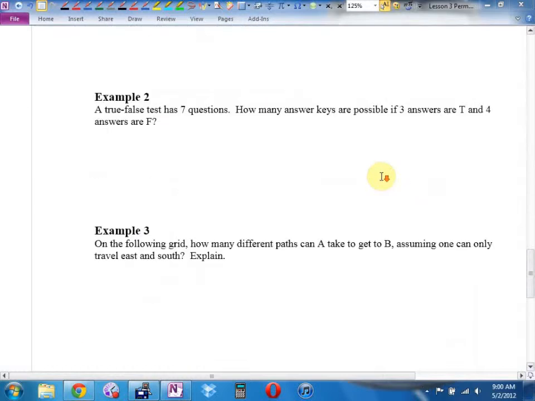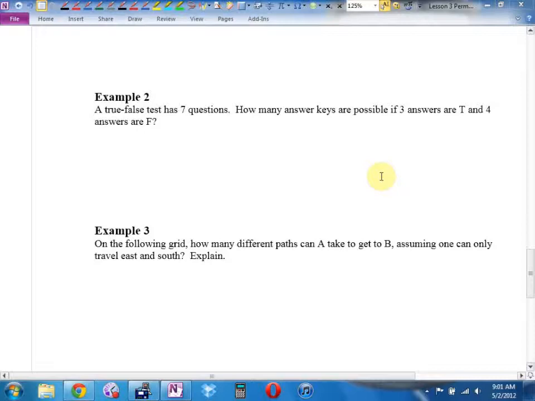Turn the page. Okay. A true-false test has 7 questions. How many answer keys are possible if 3 answers are true and 4 answers are false?